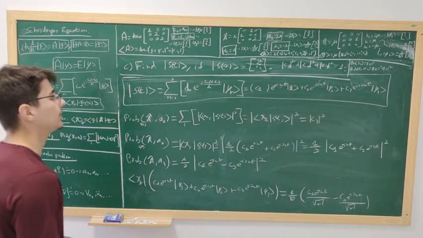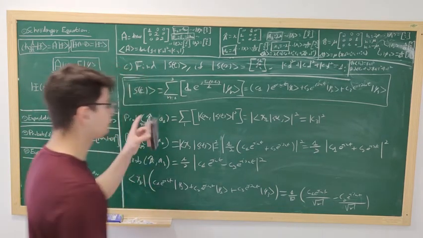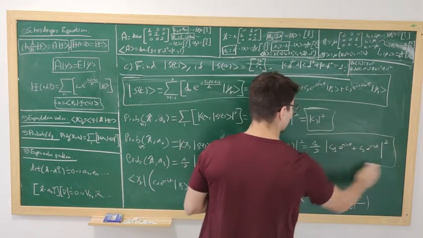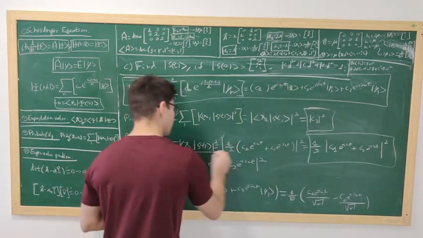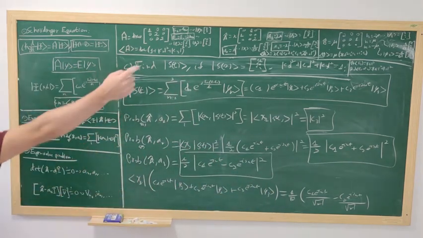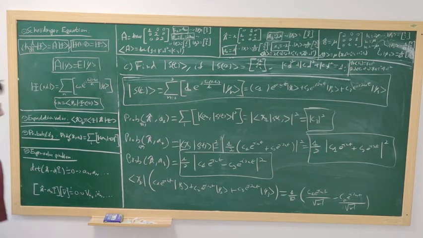These are the probabilities: the probability of A1 is this one, the probability of A2 is this one, and the probability of A3 is this one. Because I'm running out of space, I'm just going to erase and do the last one for B.